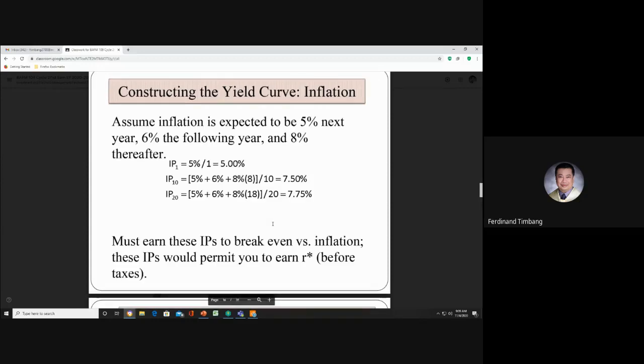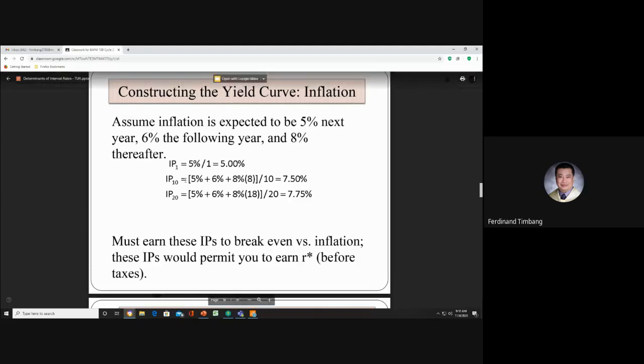Okay, halimbawa natin dito. Review na rin to no? So you have the inflation premium for year 1 is 5%. Kaya kung 1-year inflation lang yung kinukuha natin, so we only have 5% here. But if you have 10 years, sabi kasi dito, 5% next year, 6% of the following year, and 8% thereafter.